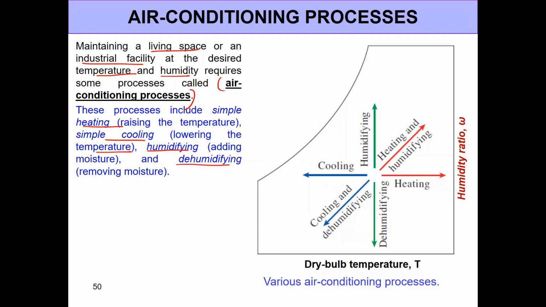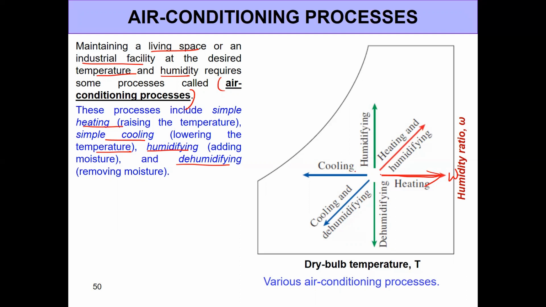Now, the beauty of the psychrometric chart is that it shows all these processes in a very simple plot. If you're just dealing with simple heating, then it's just a red horizontal line, as shown here, where the humidity ratio remains constant because we're not playing with the humidity. We're just increasing the temperature.